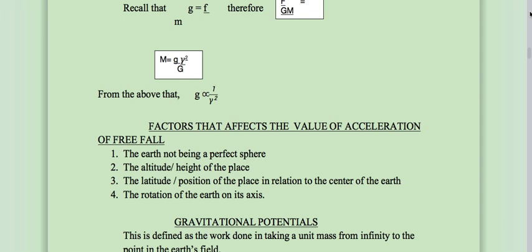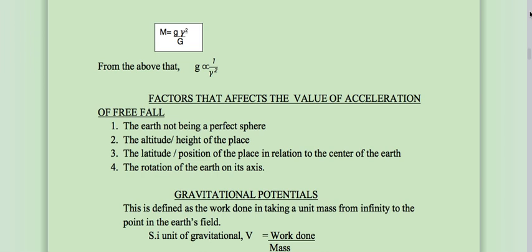Number four, rotation of the earth on its axis. You know that the earth is rotating. As it's rotating, it's causing day and night. That means the weight varies as the earth rotates. The value of the acceleration varies as the earth rotates. Now, these are the four factors we just looked into, factors that affect the value of acceleration of free fall.